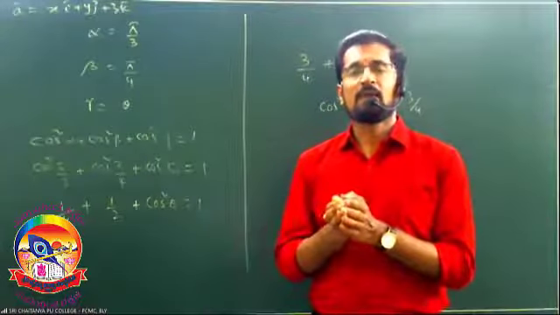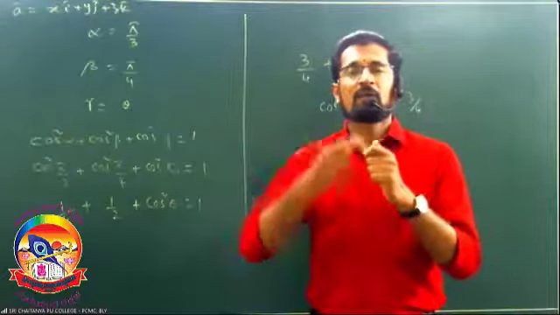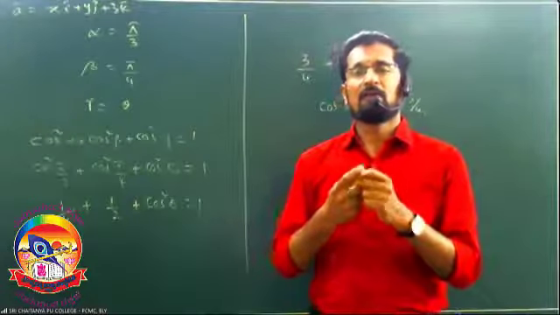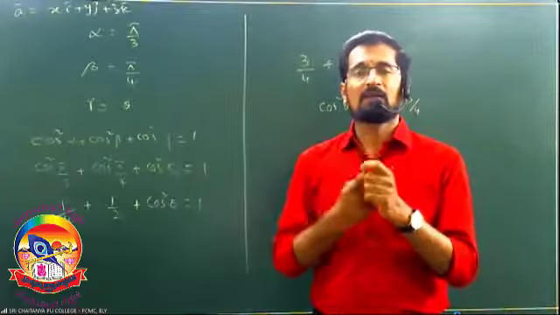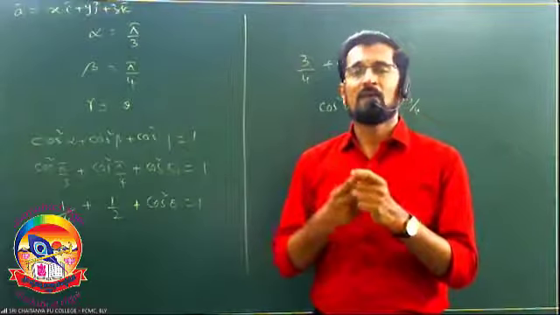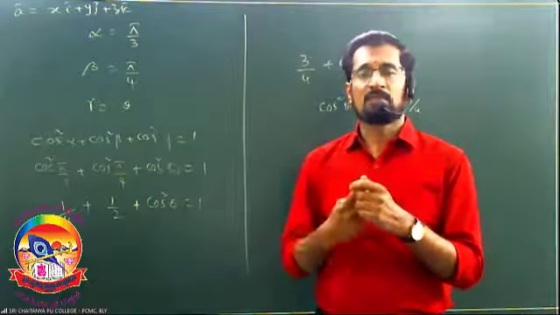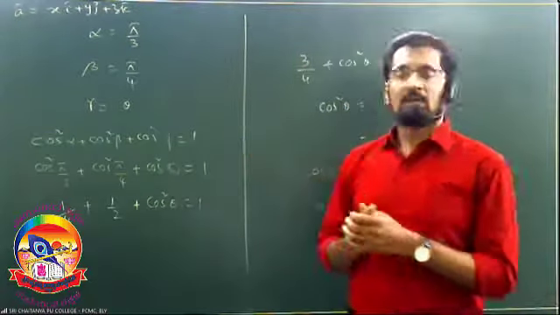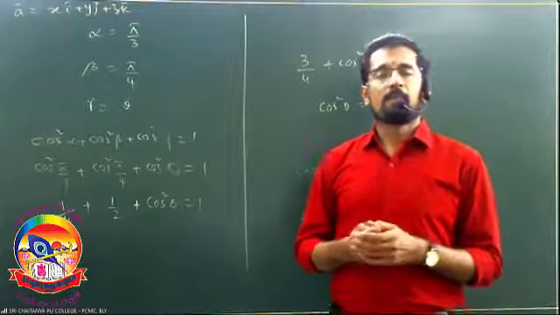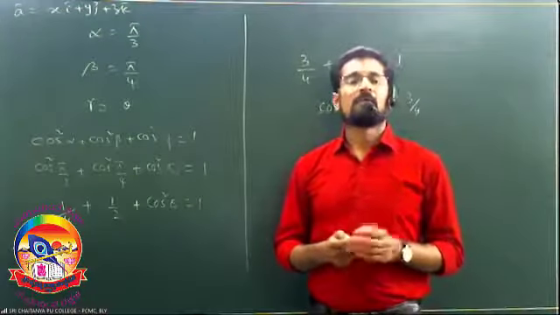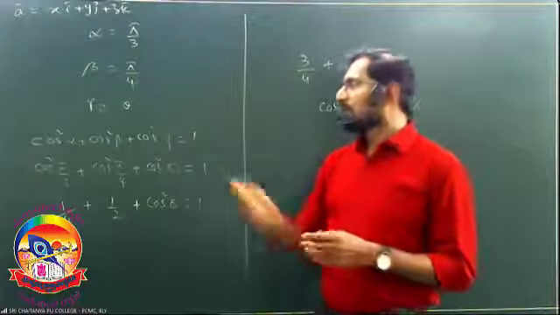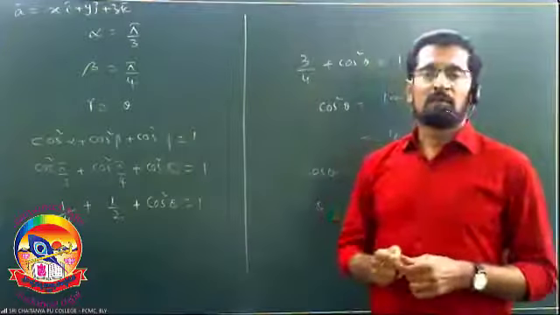Why? Because if I bar is a vector along the x-axis, it becomes x i bar. Similarly y j bar plus z k bar. So let gamma be the angle made by the line with the z-axis, right? Therefore, gamma is equal to theta.